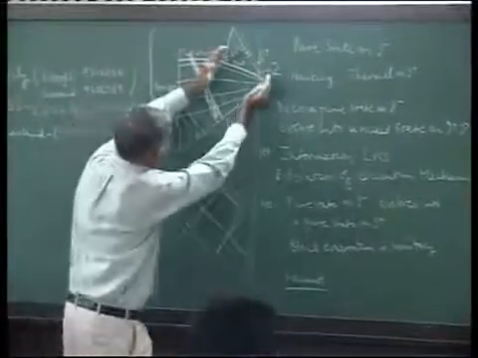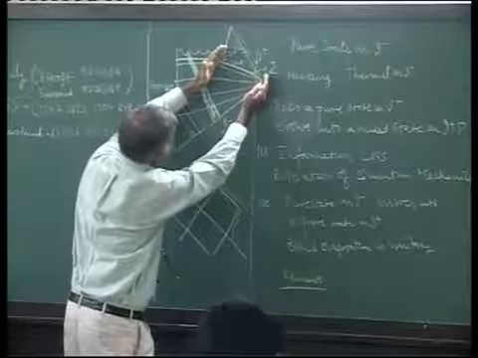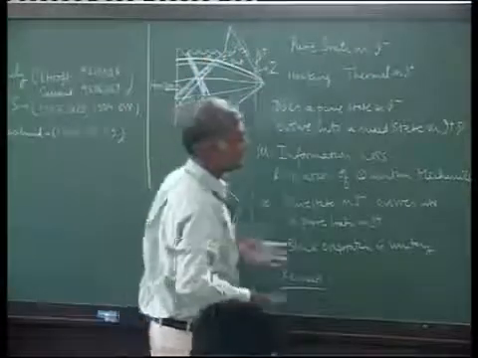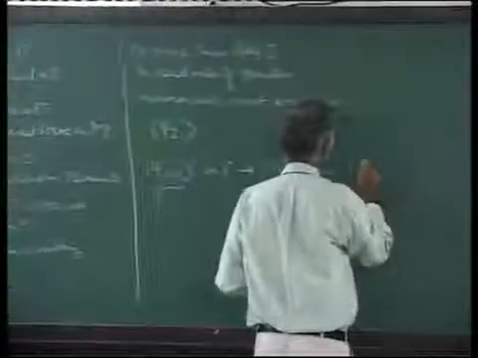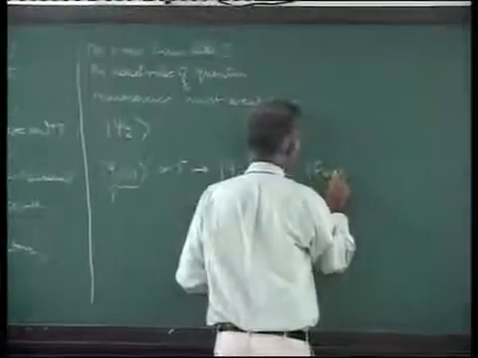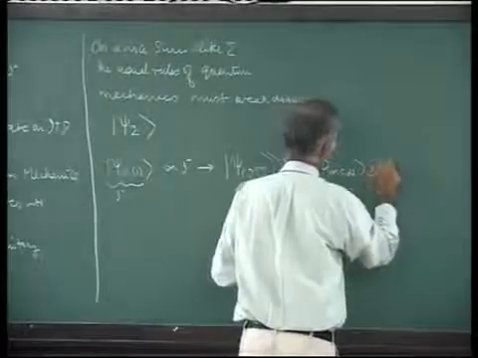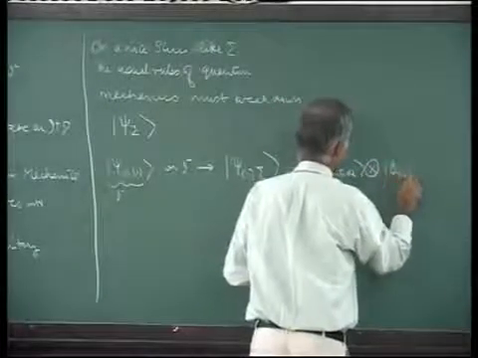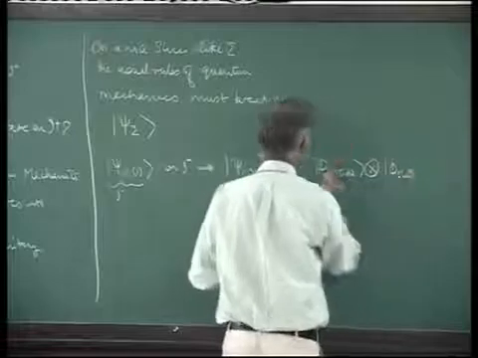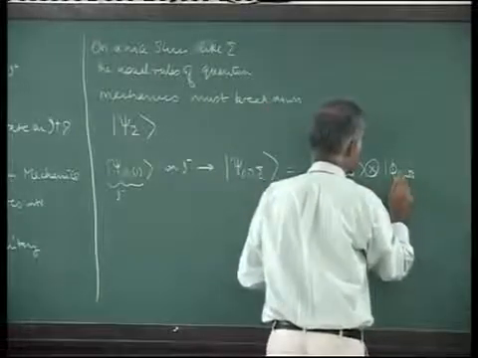If the state of the system outside is by itself pure, then the full state has to be a tensor product of something inside on sigma cross outside. And since it came from 1, I'll label it with 1.